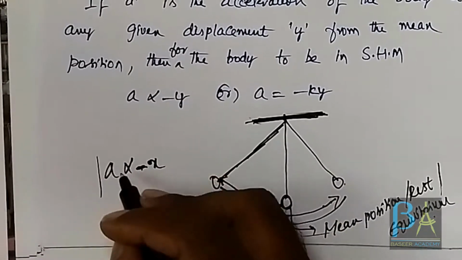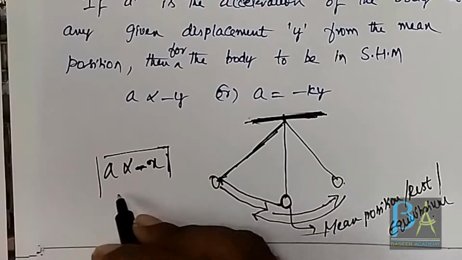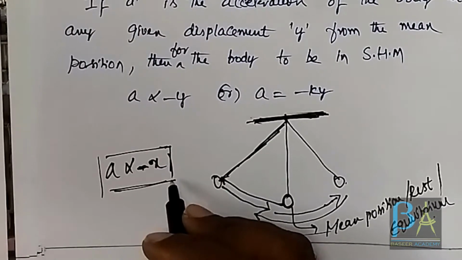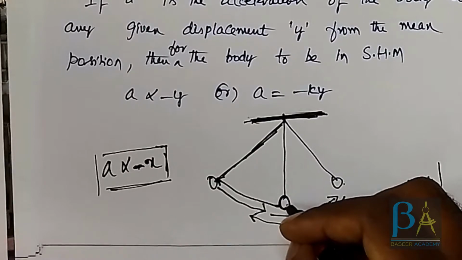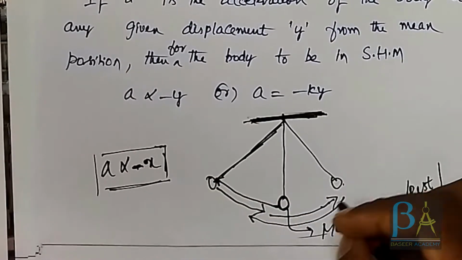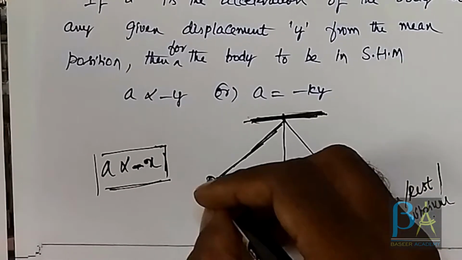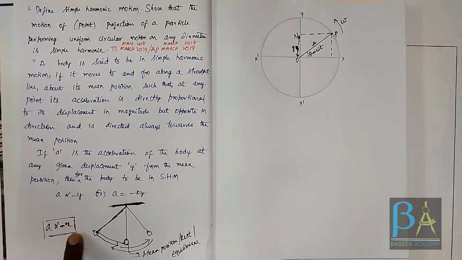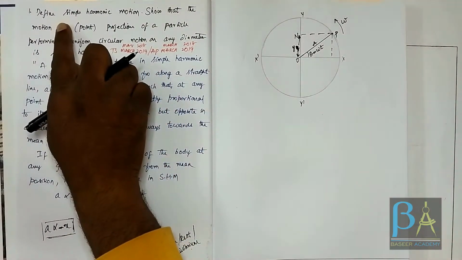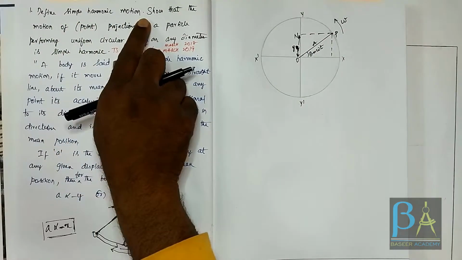So acceleration is directly proportional to the negative of displacement. A simple harmonic motion is pretty simple. The motion is to and fro about the mean position, and the acceleration is directly proportional to the negative of displacement. Let us first discuss the definition of simple harmonic motion.